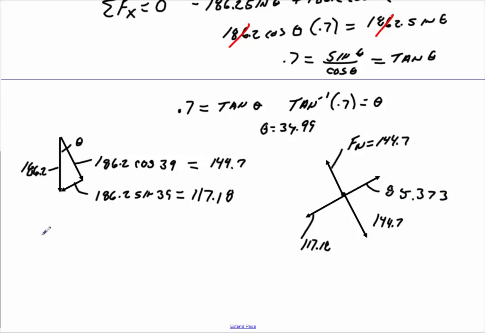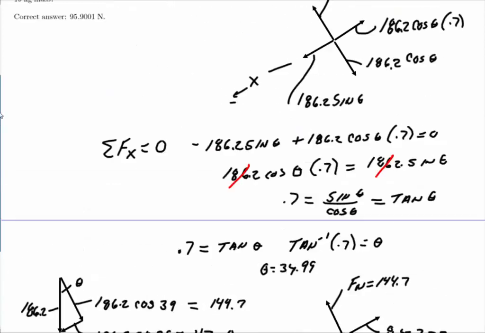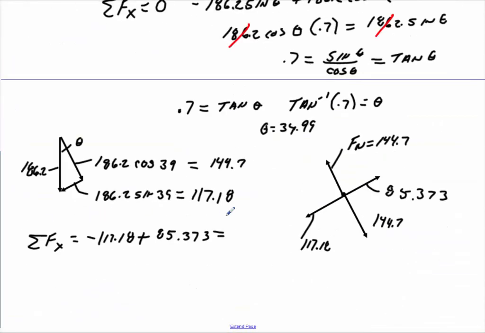Now all you have to do is sum forces in the x. Let this direction be negative. I get minus 117.18 plus my frictional force, which is 85.373. We just set that equal to our mass of the object, which was 19, times ax, and just solve for that.